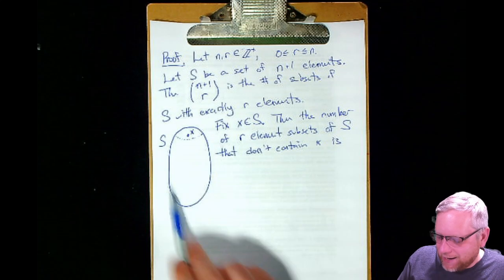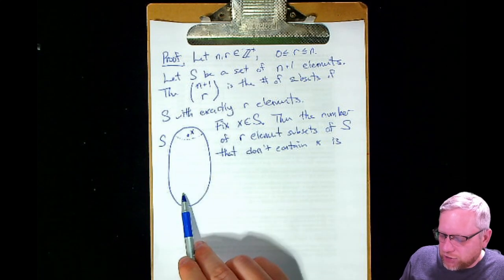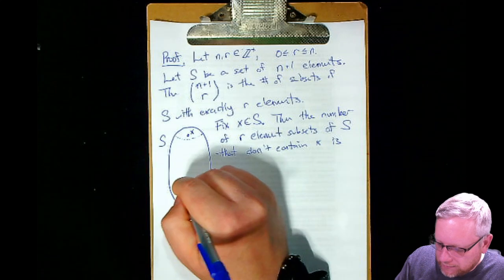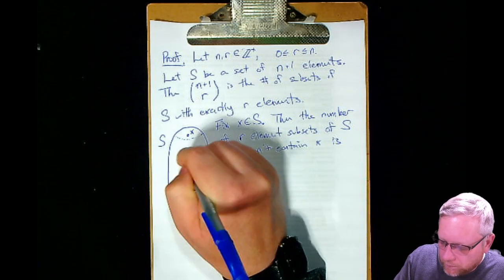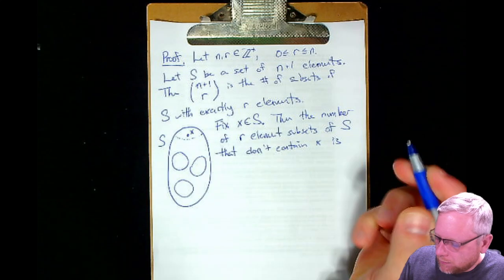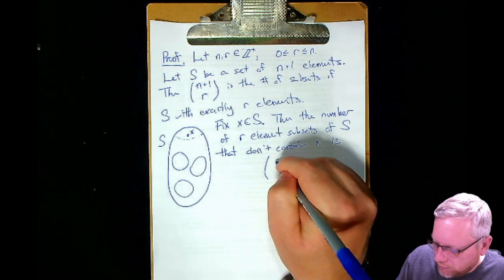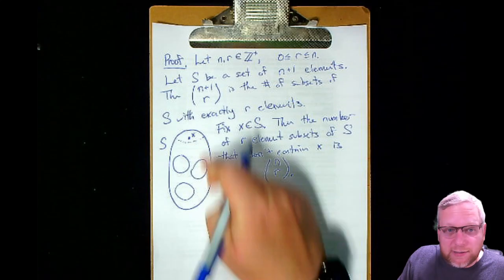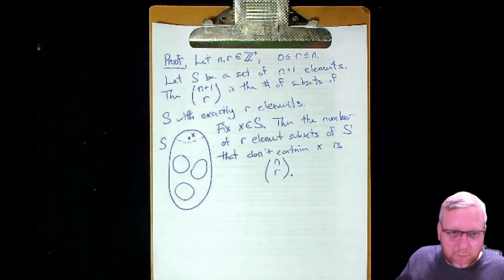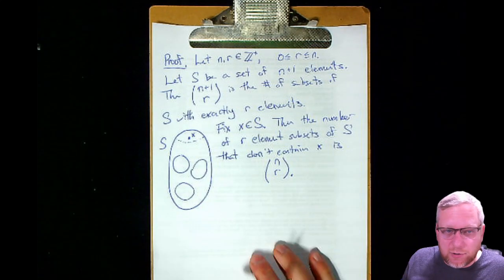Out of the n elements that are left, I just need to choose r of them. Any subset of size r. There's a whole bunch of them here. And the number of ways I can do it is n choose r, because of the n elements down here, I need to choose r of them, and that's it. So there's n choose r ways to do that.